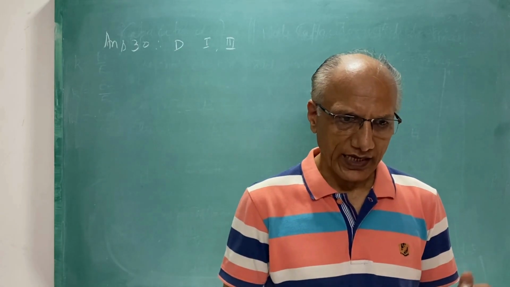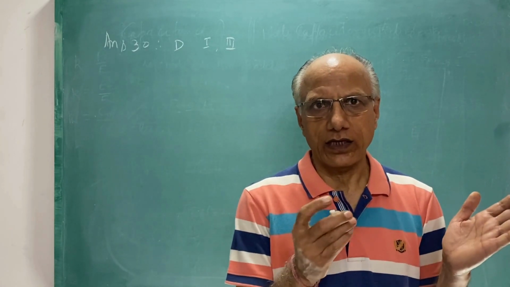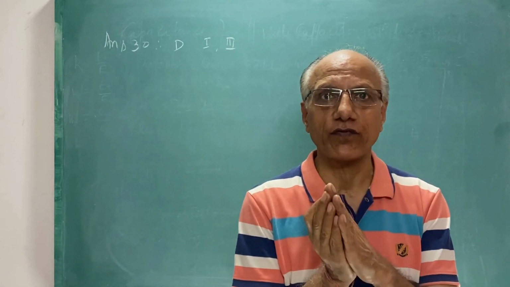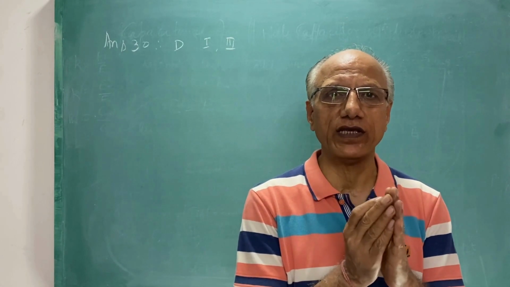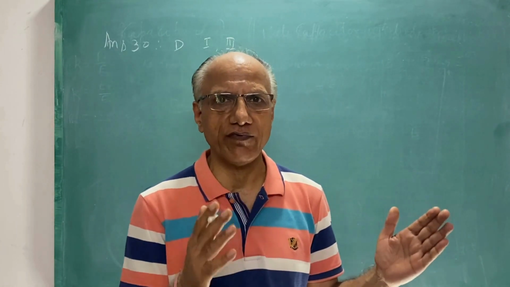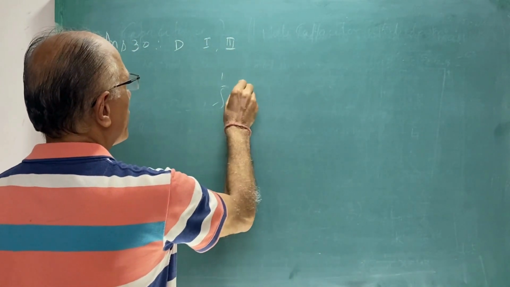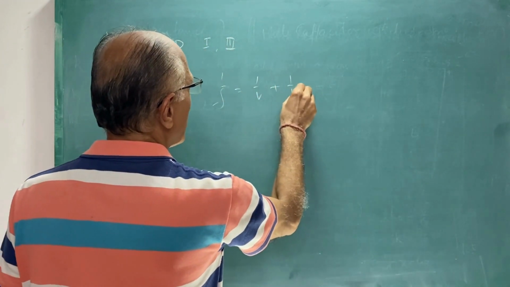And third is, in both cases of concave and convex, the position of the image is always found out with the help of the mirror formula, that is 1 by f equals to 1 by v plus 1 by u.